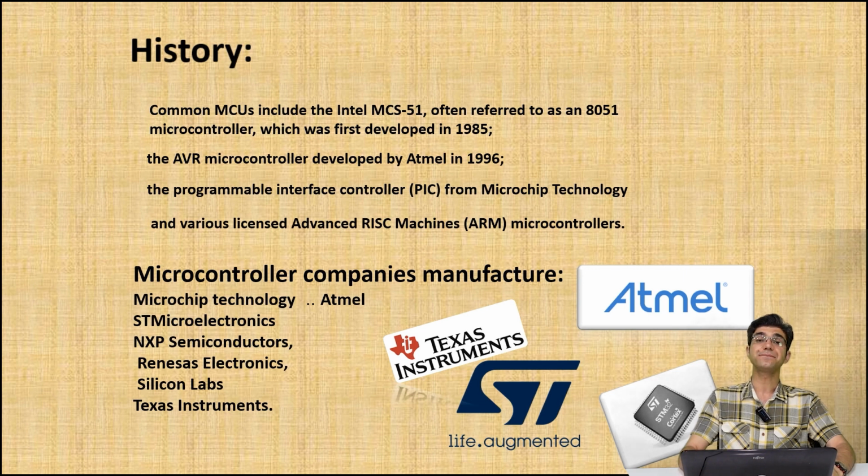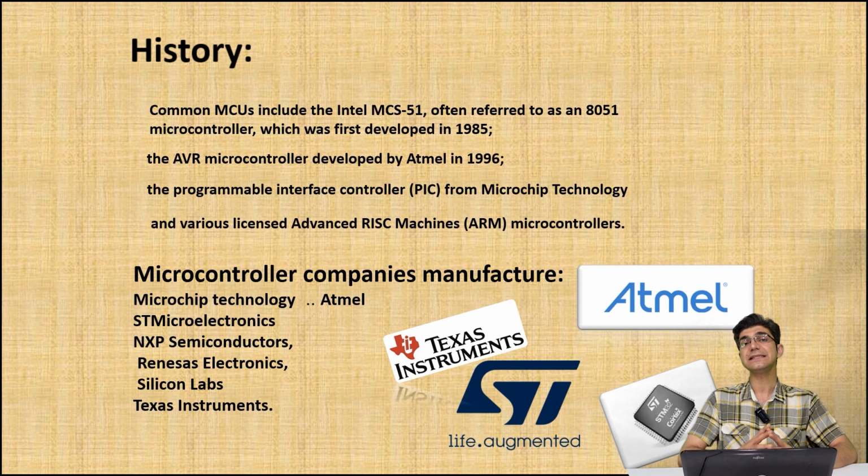There was also a company named Microchip, with the PIC. They competed with each other and developed this technology. After this, the next family is the ARM family, the Advanced RISC Machine.